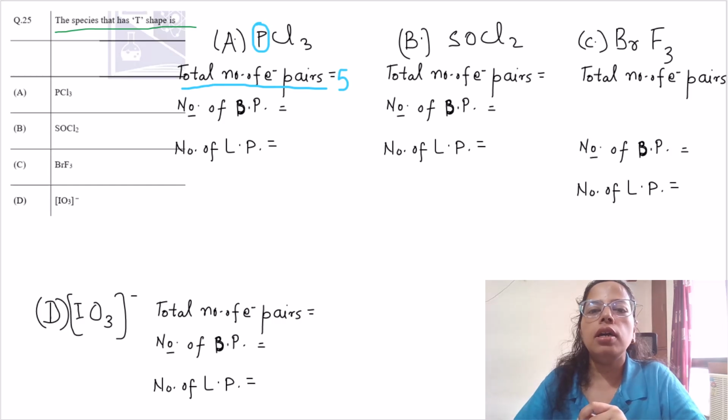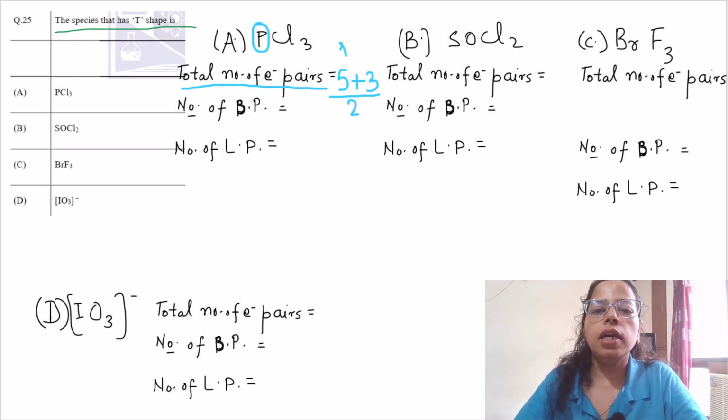And how many chlorine atoms are bonded? 3 chlorine atoms, so each contributes 1 electron. So 5 plus 3, and since we are finding the electron pairs, we divide it by 2. And we get 4 electron pairs for PCl3.